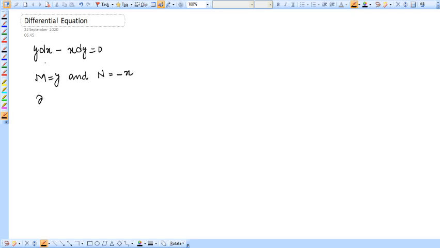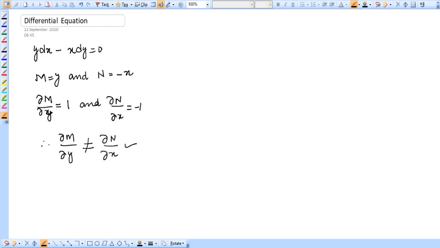If you try to check whether this equation is exact or not, we will have to find out ∂M/∂y, which is equal to 1, and ∂N/∂x is equal to minus 1. So therefore ∂M/∂y is not equal to ∂N/∂x.